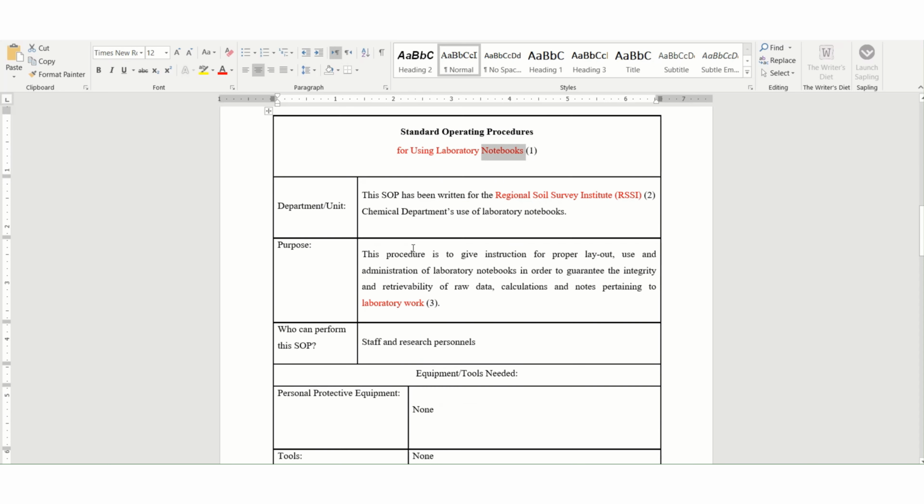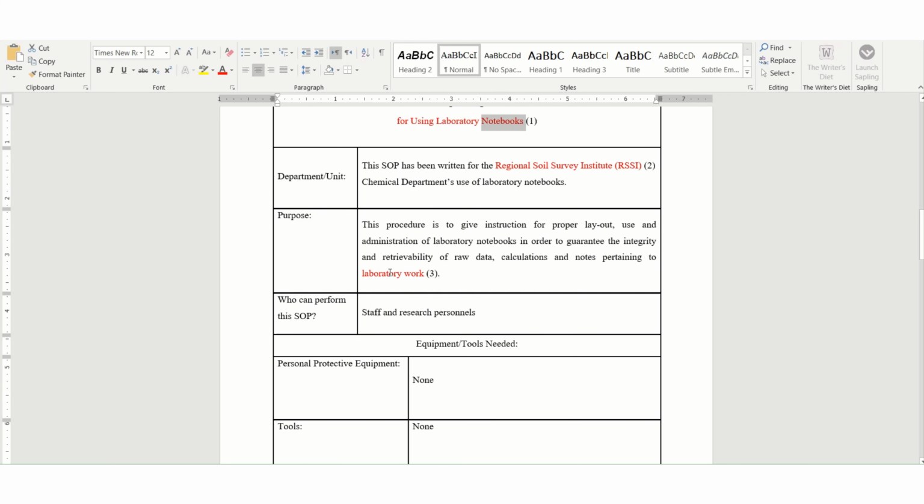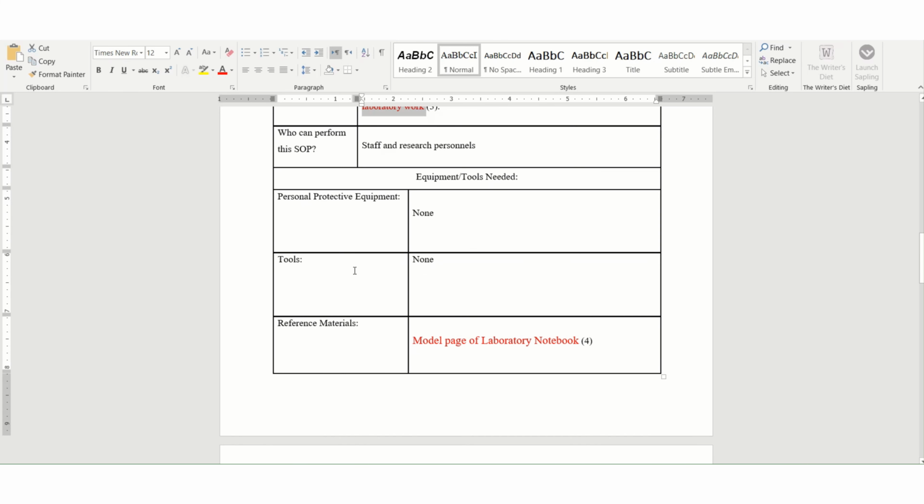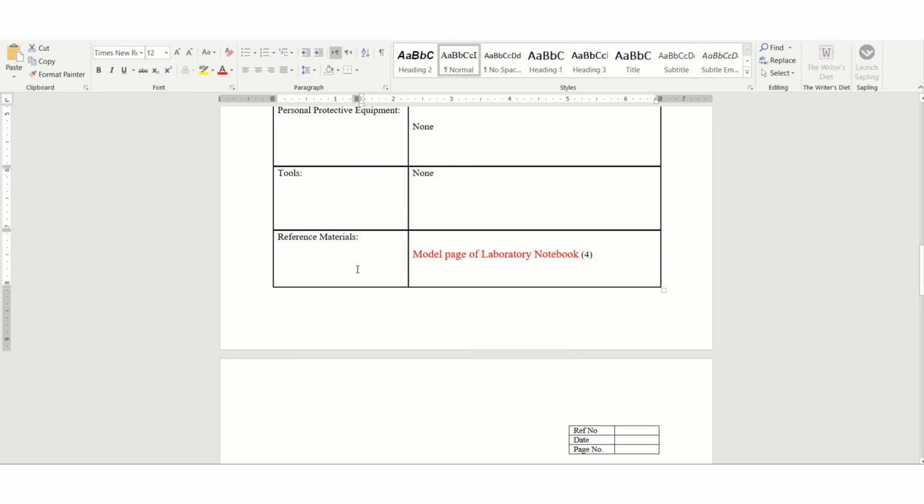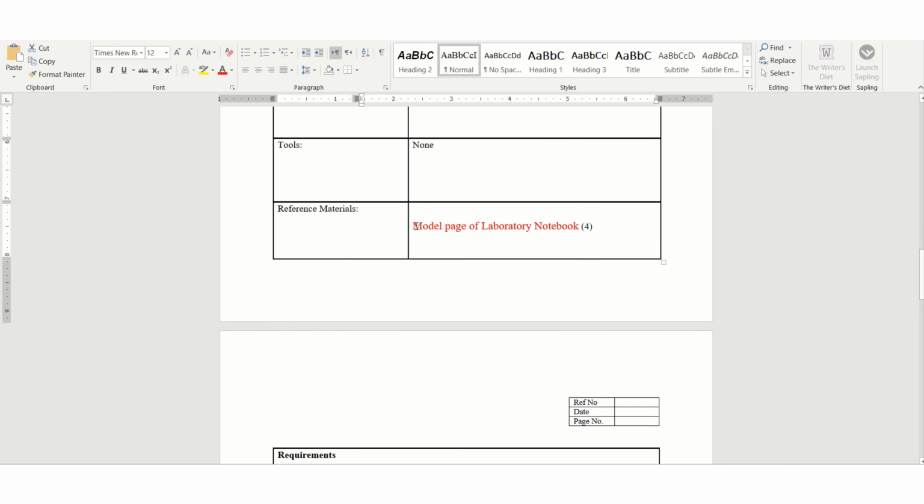If you look at the second part, which is on the purpose of the SOP, this is singular, and that's why it is answered as laboratory work. So listen carefully for the keywords, and then make sure that the spelling is correct.